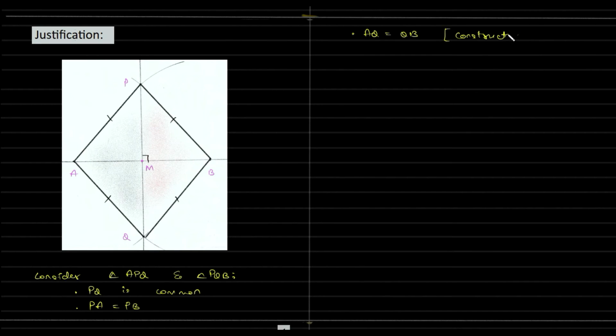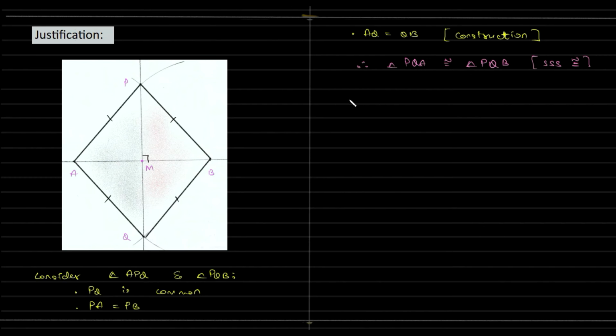Okay, so this is there, and now how to put it across. Therefore triangle PAB or PBA is congruent to triangle PQB by SSS congruency.